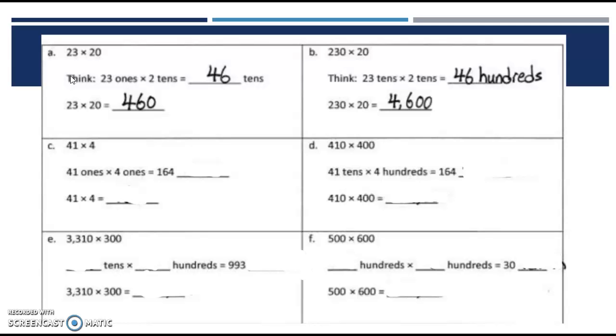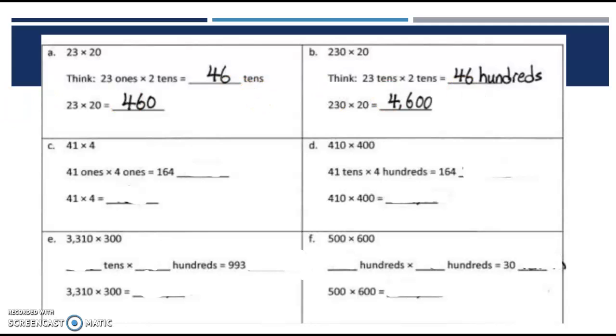So 23 times 20 equals 460. Then 230 times 20: they want us to think 23 tens times 2 tens, which would give us 46 hundreds, so 230 times 20 is 4,600.